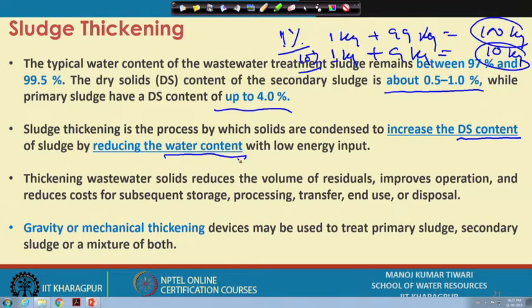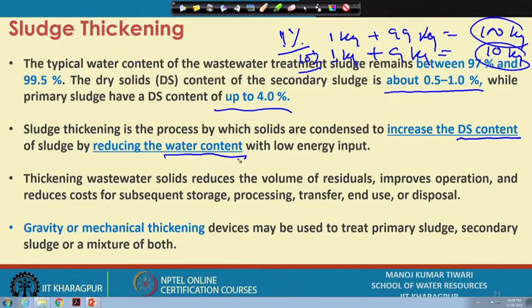Nowadays we have some mechanical systems which need a significant amount of energy for the thickening process as well, but still the concept is to achieve this reduction in water content, or increase in dry solid content, with a minimal amount of energy.